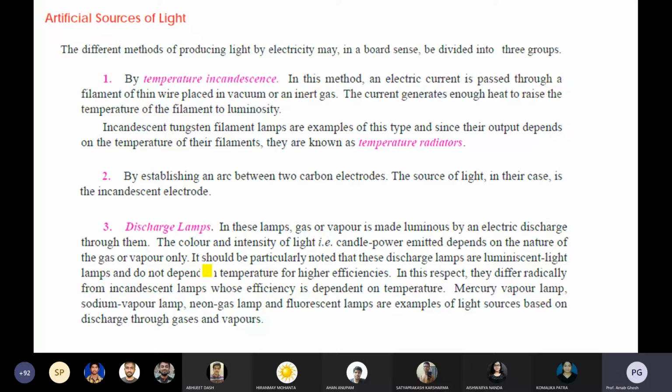Different methods are there for producing light energy from electrical energy, and gradually, generation by generation, they have changed. Initially we were using the incandescent lamp, where a lot of losses are there.